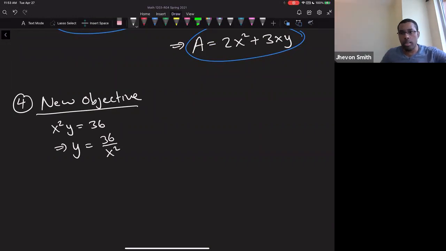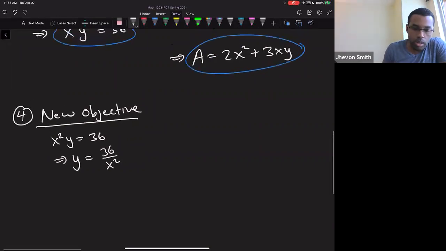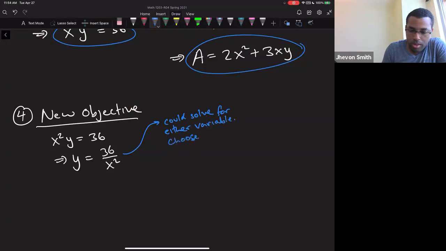Now, it's important to know that there is no real requirement to solve for a particular variable. You could solve for either variable. Of course, you choose the easier one.